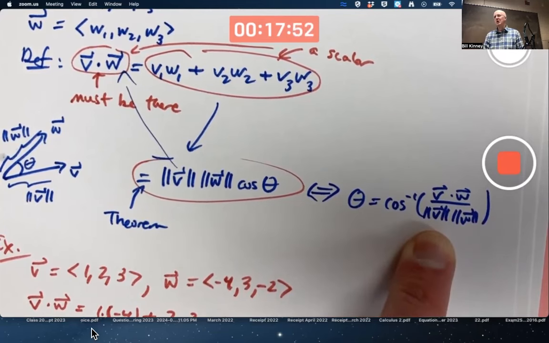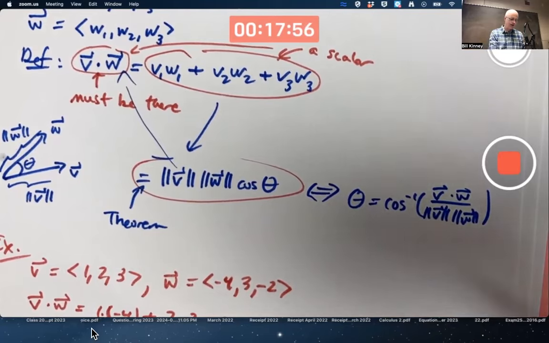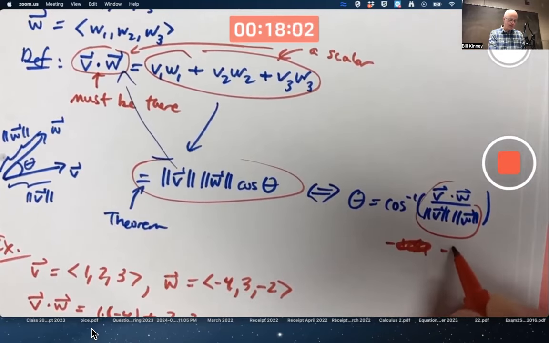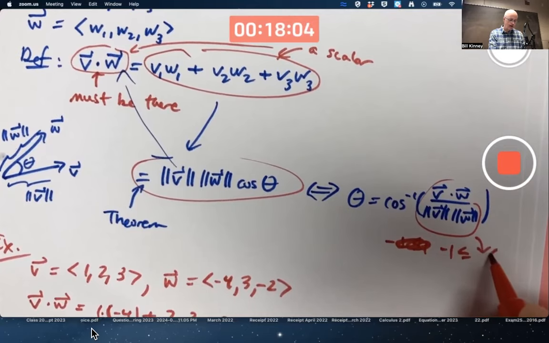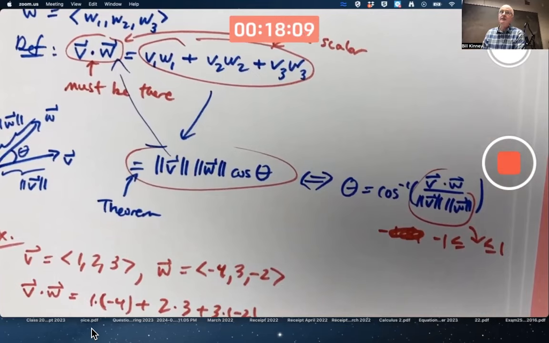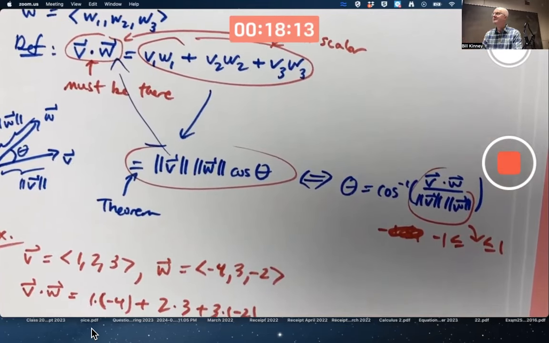Though you would have to be sure that this quantity, this fraction, is always between -1 and 1 in order for such a definition to work. That turns out to be true. It really will always be between -1 and 1, even in higher dimensional space. Though that takes proof, and it's a tricky proof.